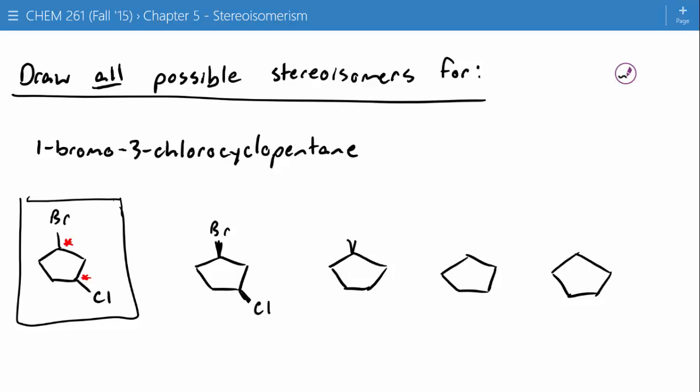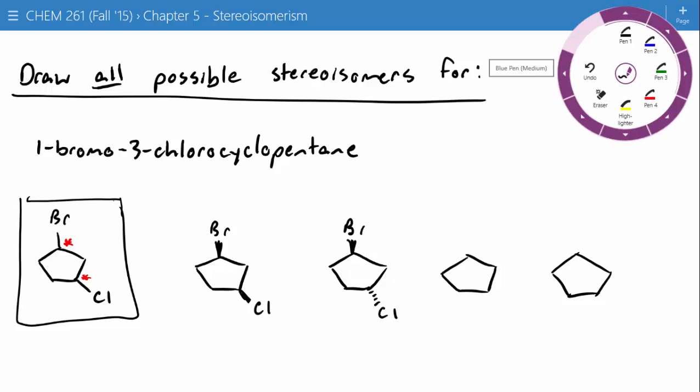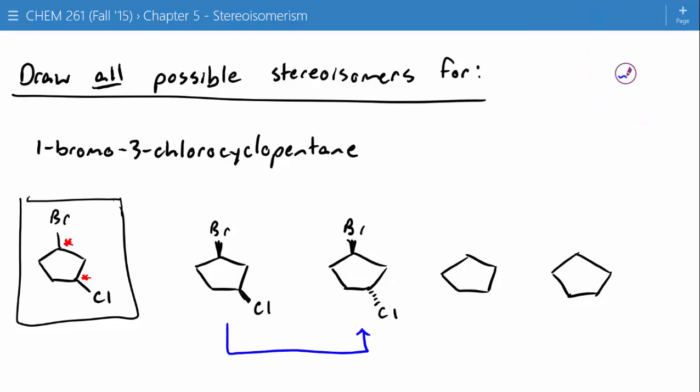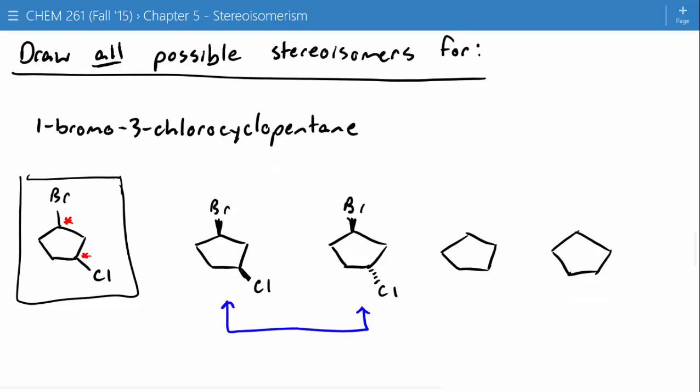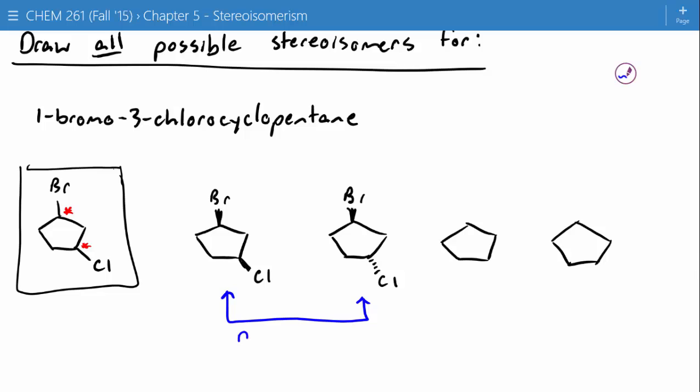What if bromine's a wedge and chlorine's a dash? That's different, right? What's the relationship between these two? Diastereomers. We flipped one but not both stereocenters, so these are diastereomers.